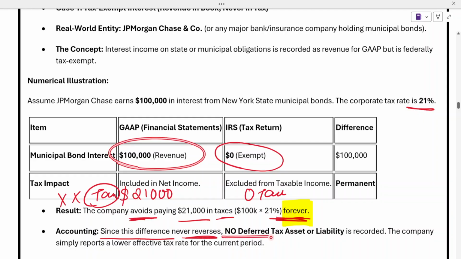So you don't need to create deferred tax assets or deferred tax liability. So the company simply reports a lower effective tax rate for the current period. This is a different concept, but effectively the tax won't be 21%, it will be quite different. So this is one example of a permanent difference.